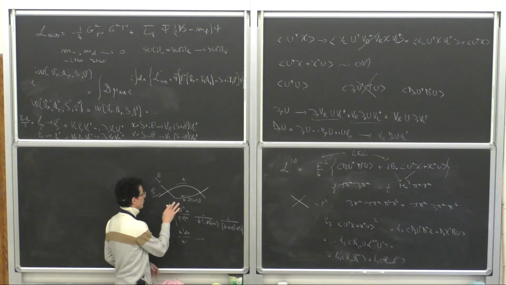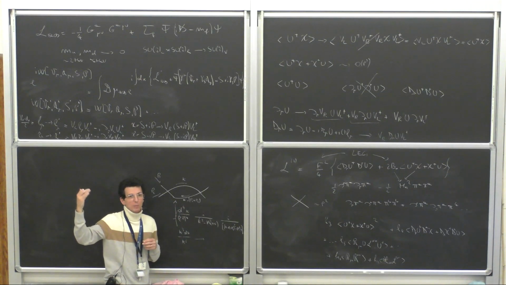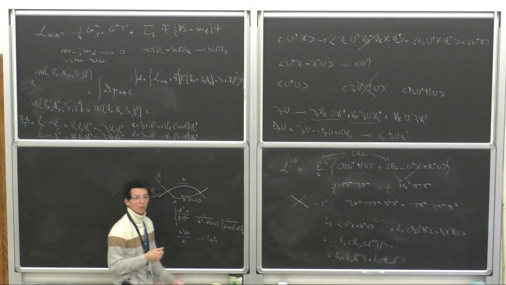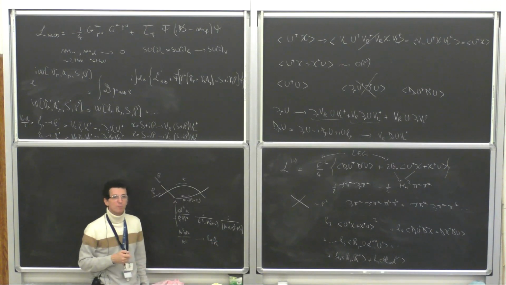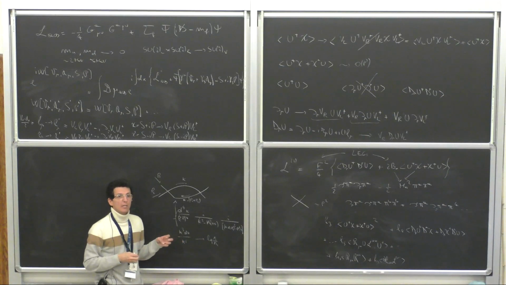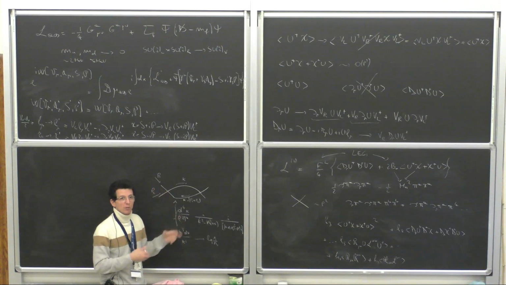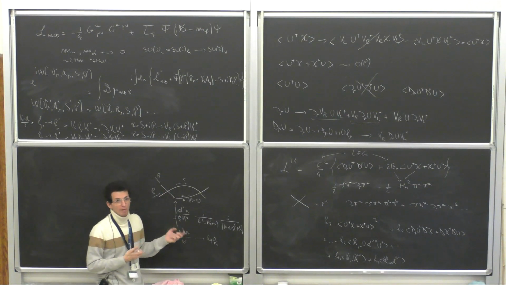If you limit your integration to some cutoff lambda, this will be like a logarithm of lambda over some scale, p1 or m_pi. So the consideration of more and more complicated loops in perturbation theory leads to divergences.